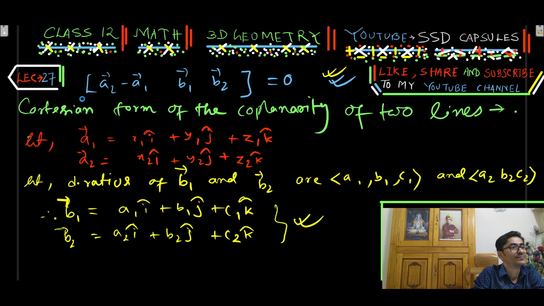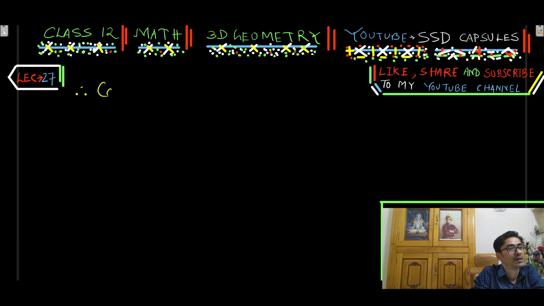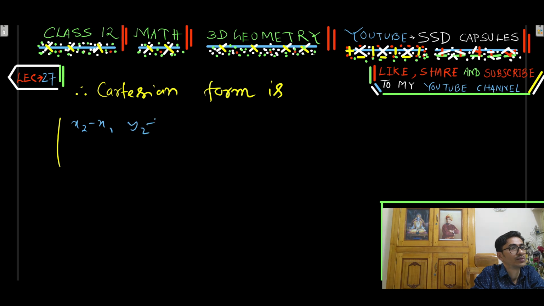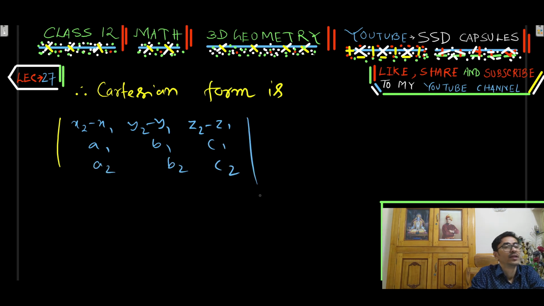So the Cartesian form is the determinant with rows x2 minus x1, y2 minus y1, z2 minus z1; a1, b1, c1; a2, b2, c2. If this determinant value is 0, then we can say that the two lines in space lie in the same plane, that is, these two lines are coplanar.